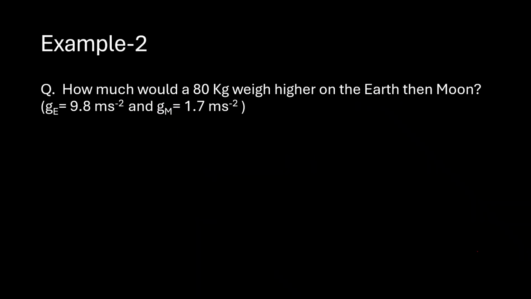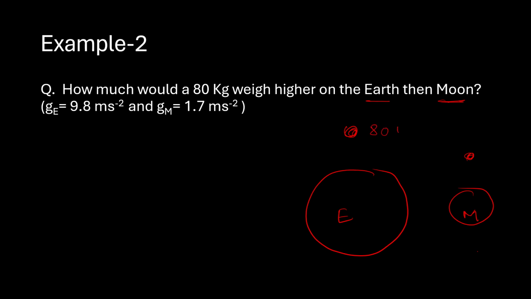Let's take another example. Here we are comparing the body present on Earth and Moon. Let's draw a picture to understand better. Let us say this is Earth, this is Moon, right? And there's a body, the same body here also on the Moon. The mass is 80 kg on both the places, and the gravity here is basically GE.